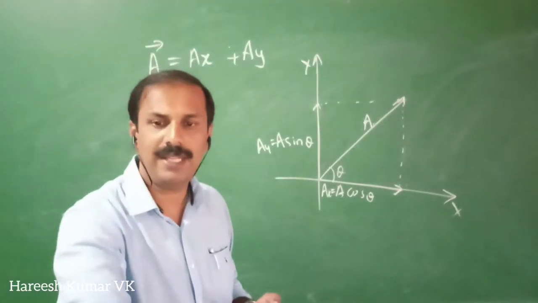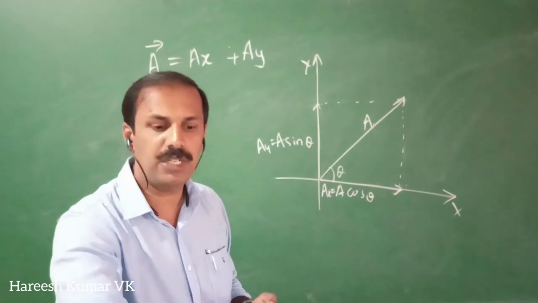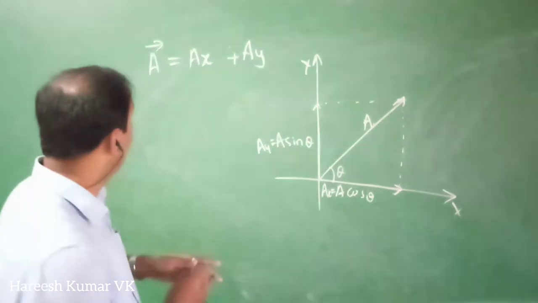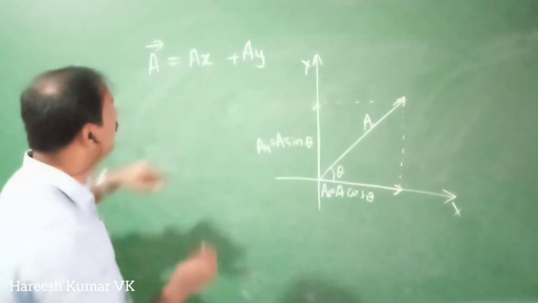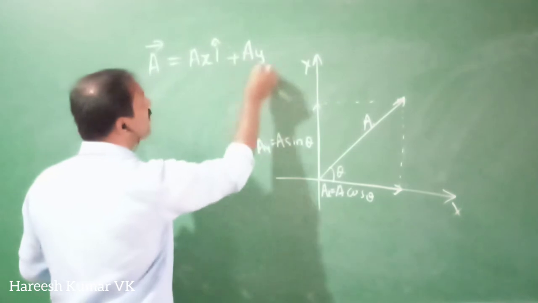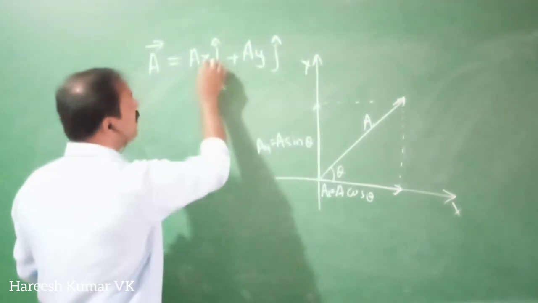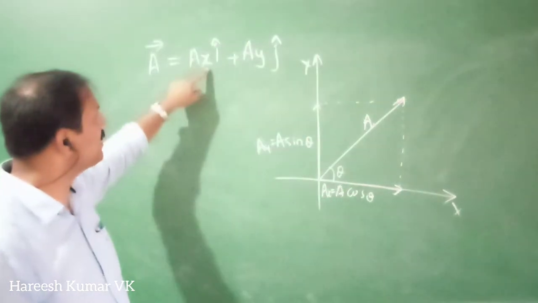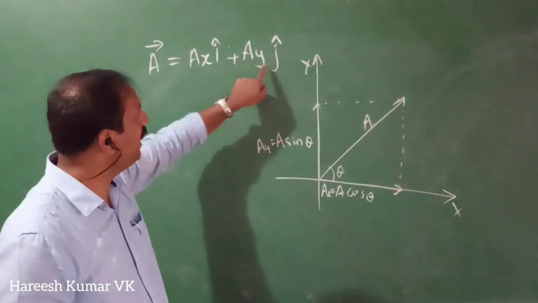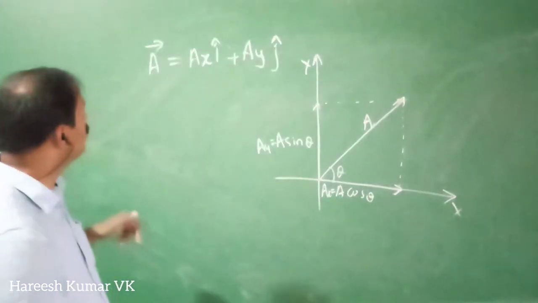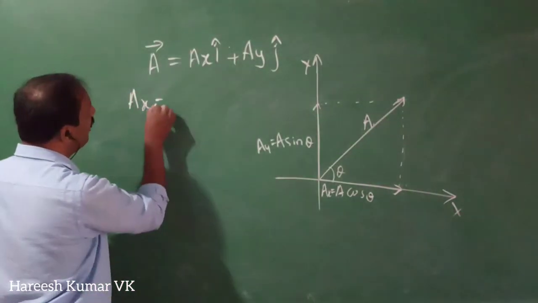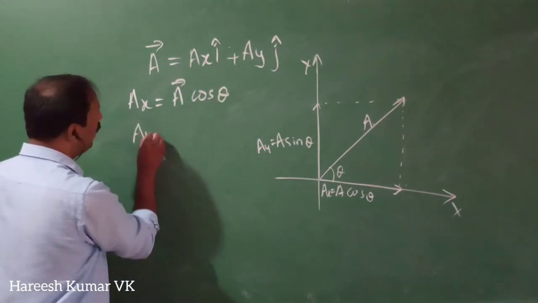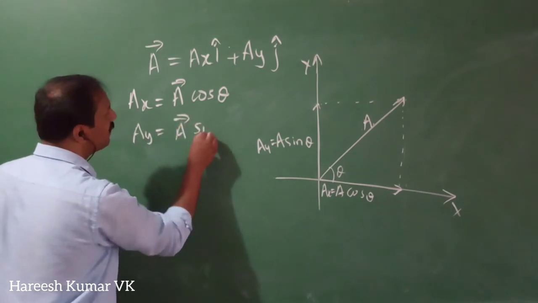When you write AX and AY, AX is along x axis, and AY is along y axis. The x and y are suffixes, okay. So A is AX I plus AY J. The meaning is that along x axis we have AX and along y axis we have AY. So what is AX? AX is equal to A cos theta and AY is equal to A sin theta.